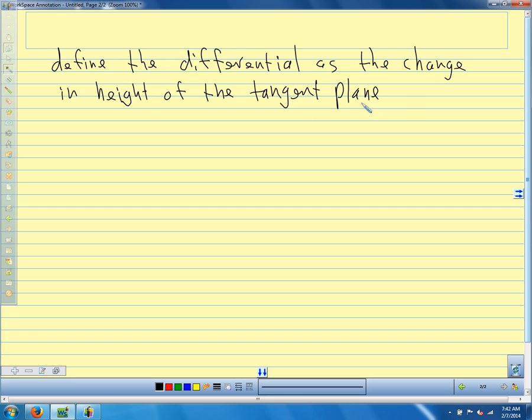So we're going to define this differential as we move from the one point to the other.